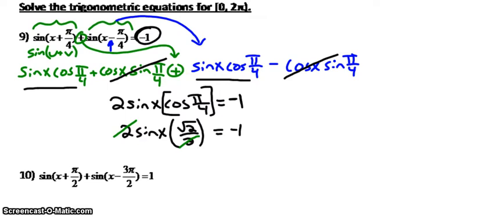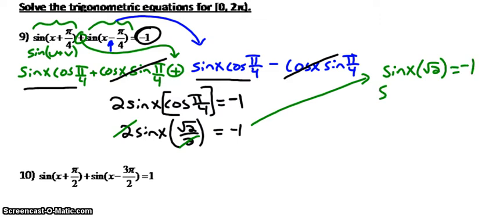Now my new equation is sine x times radical 2 equals -1. Dividing each side by radical 2 gives me -1 over radical 2, which by rationalization gives negative radical 2 over 2. So this is the value I'm going to work with.